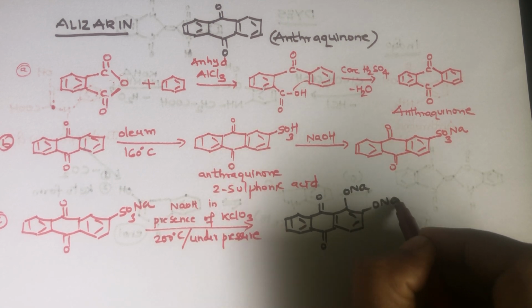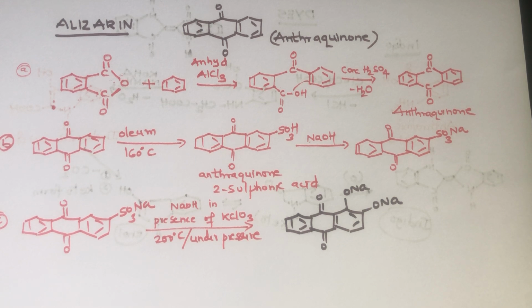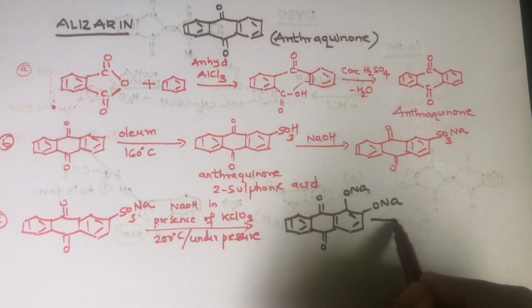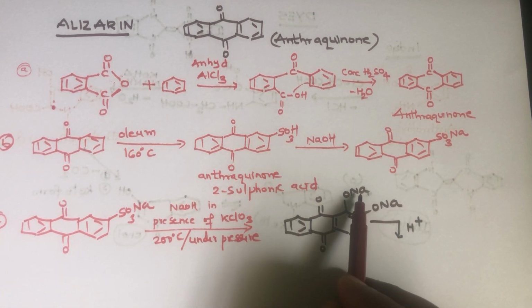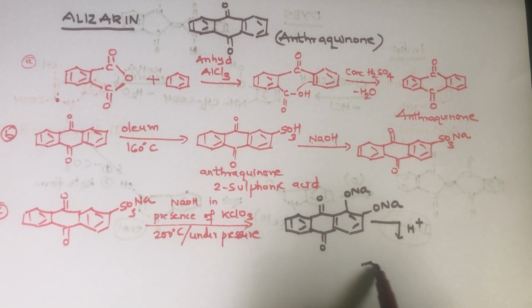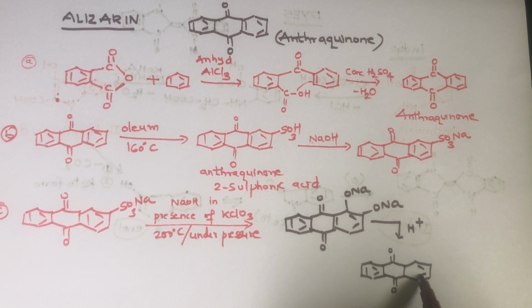ONa, ONa. You get a disodium salt. So this disodium salt, on acidification with H plus, so Na gets replaced by H, you are going to get this molecule, with OH, OH.